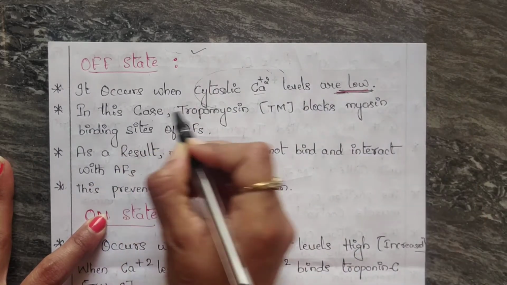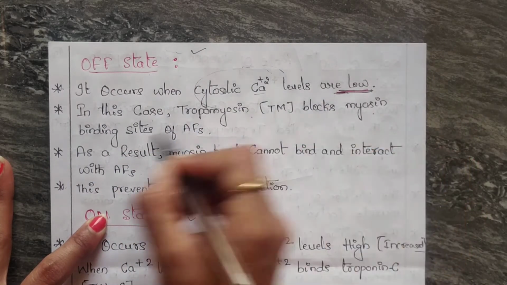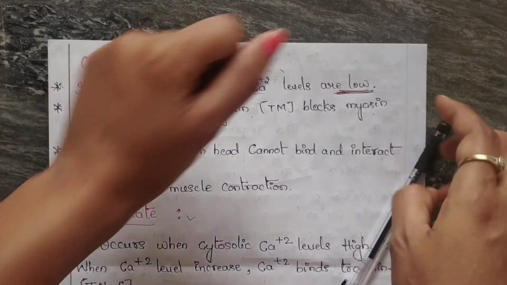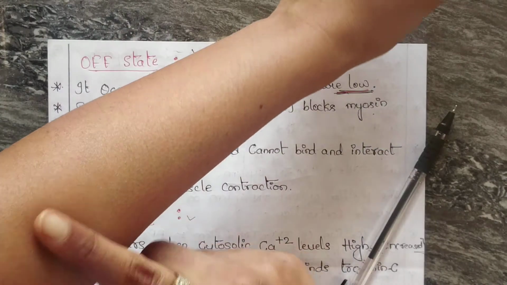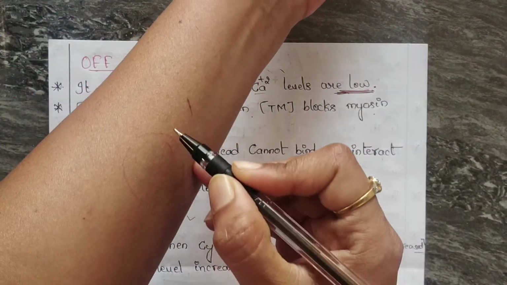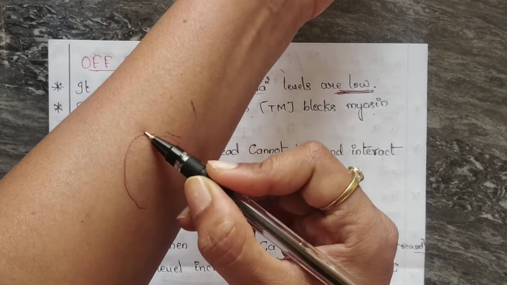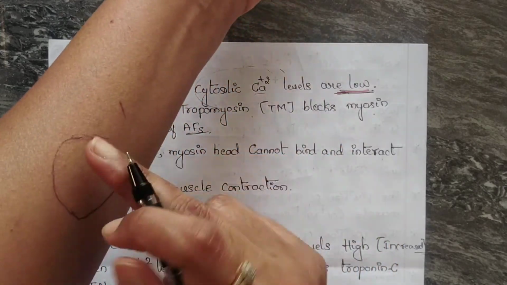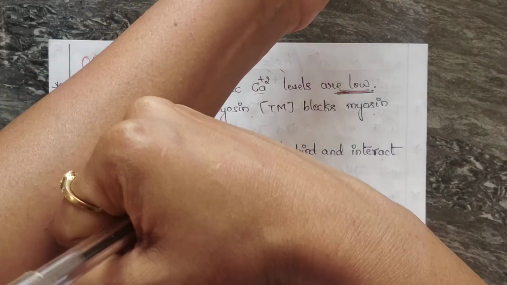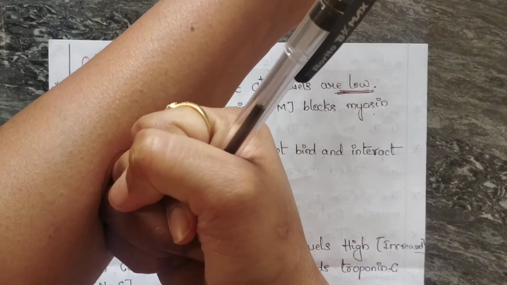In this case, tropomyosin blocks the myosin binding site of the actin filament. As I explained in the previous class, this is the actin filament, so there will be a myosin binding site. If it gets blocked, the myosin head cannot bind here.